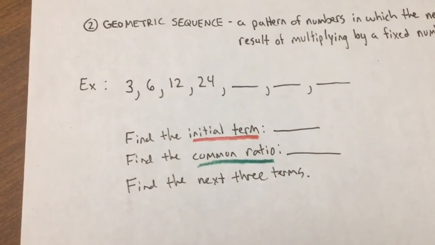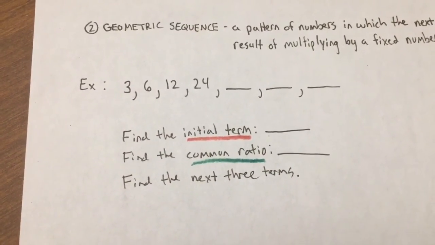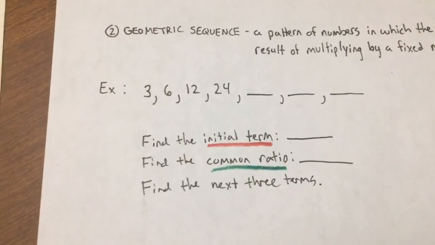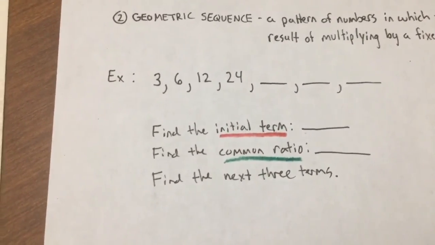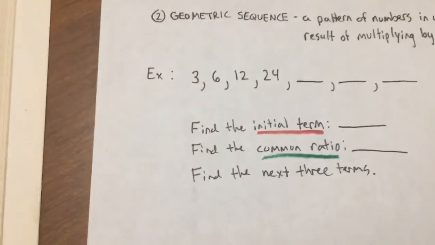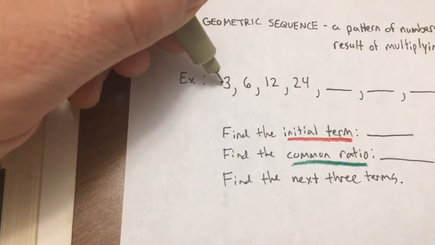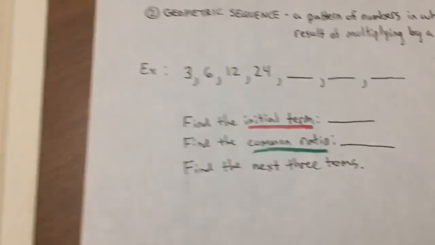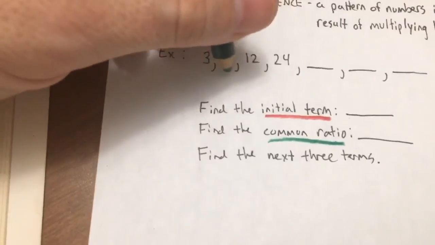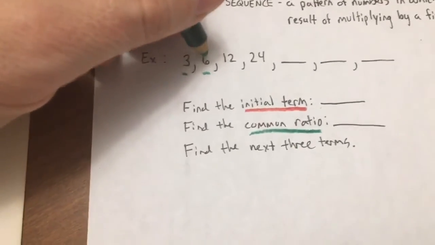Now, if you're uncertain about whether or not something is geometric as a sequence, there is actually a way to figure that out, and that's by finding something called the common ratio. All you would have to do is take the following term and divide it by the previous term. So for example, if I wanted to find the common ratio between the first and the second number, then I would do 6 divided by 3.